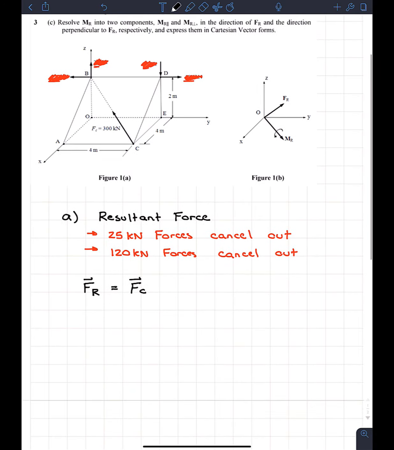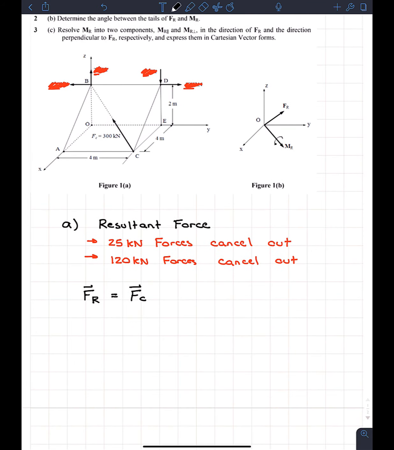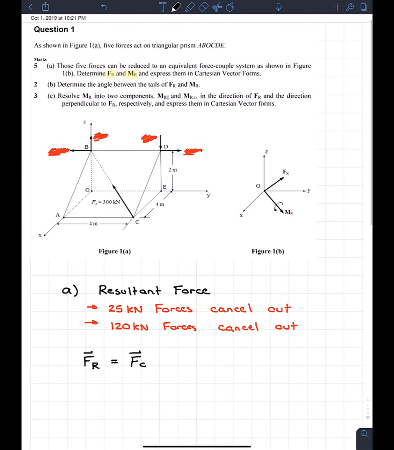Now, the question's not as easy as just saying it's equal to force C, because the question specifically asks, and I'll highlight it right now, to express them in Cartesian vector form. So we have the magnitude of Fc, which is 300 kilonewtons. However, that's not Cartesian vector form.